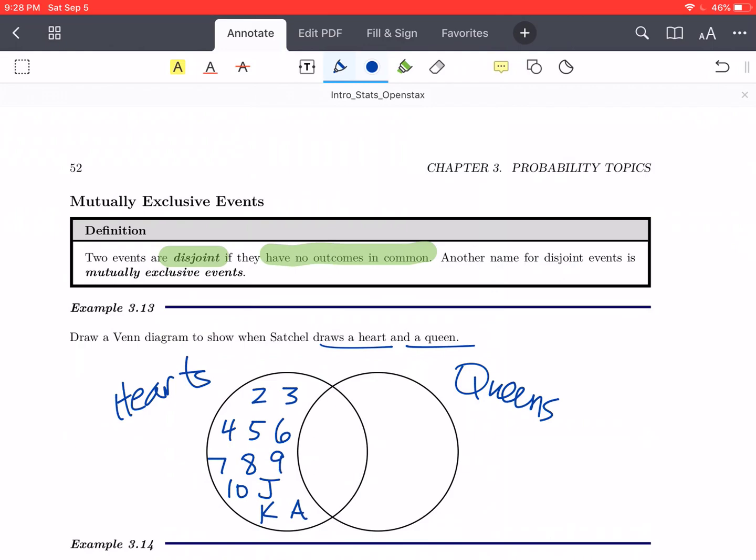And then over on the Queen's side, we have a Queen of Diamonds. We have a Queen of Spades. If I can draw anything that even looks kind of like a spade, that would make me happy.